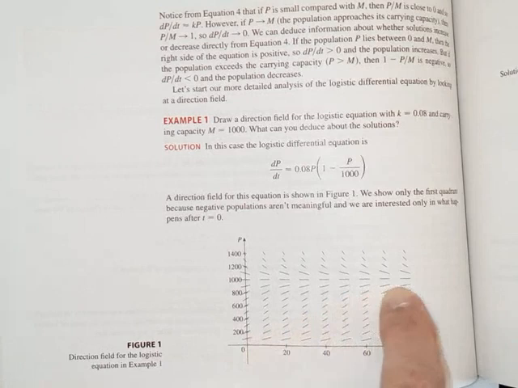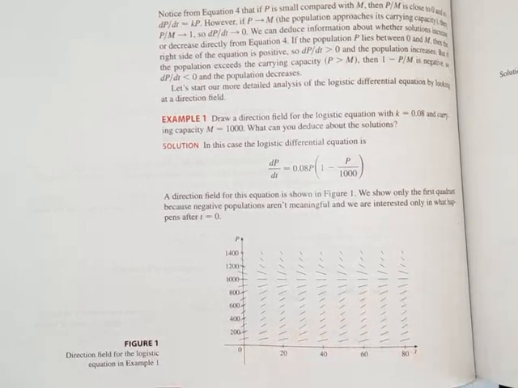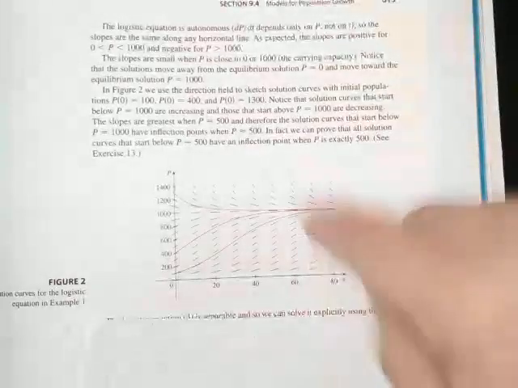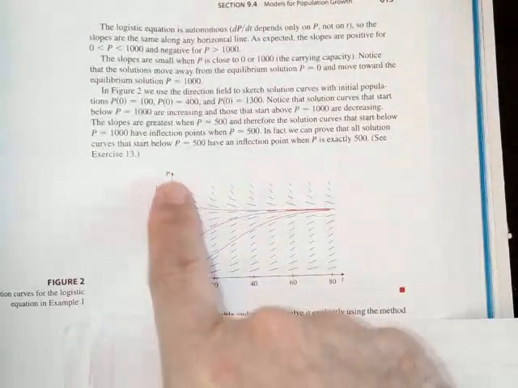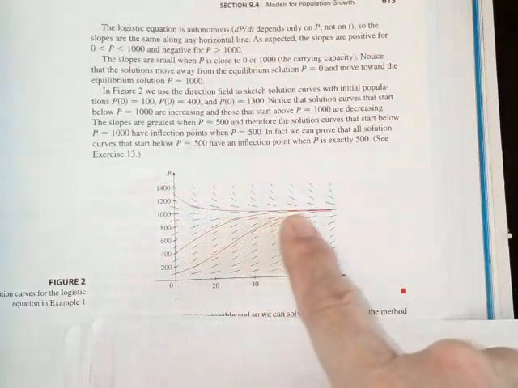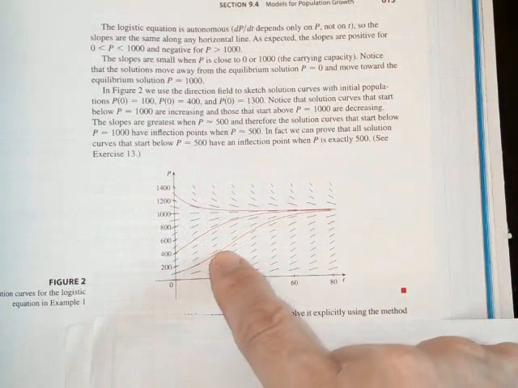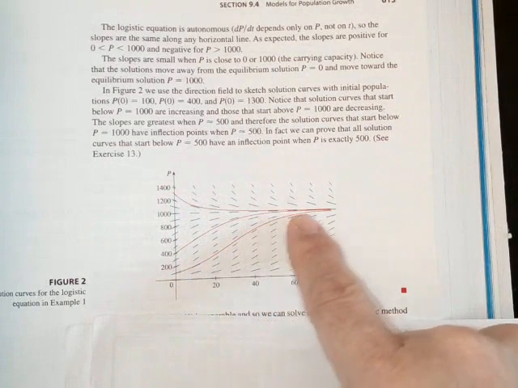I would see for different starting values, curves that look like these. Notice when my population is too big, it falls towards that carrying capacity. When my population is small, it grows and then it starts to taper off to reach this theoretical capacity.